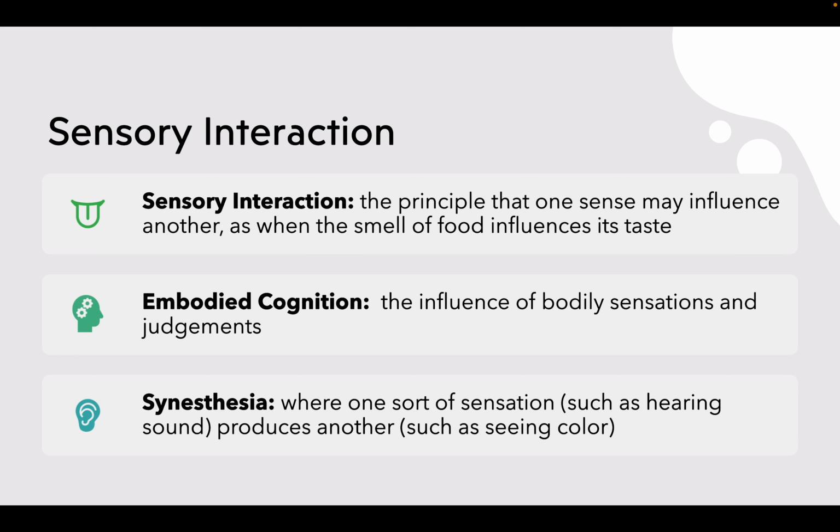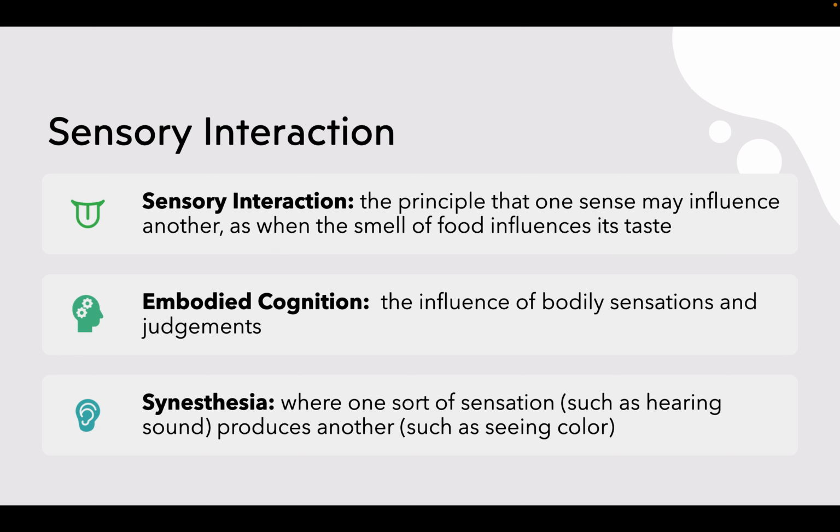The last little bit here for sensory interactions is something called synesthesia. This is where one sort of sensation, such as hearing sound, produces another, such as seeing color. I have a friend who experiences this. When she hears different words, she also experiences seeing color associated with those words. That is a more common example.